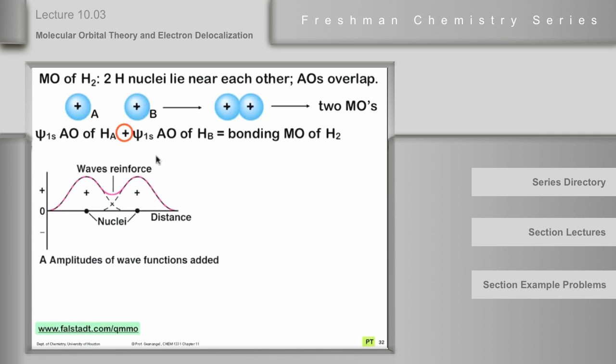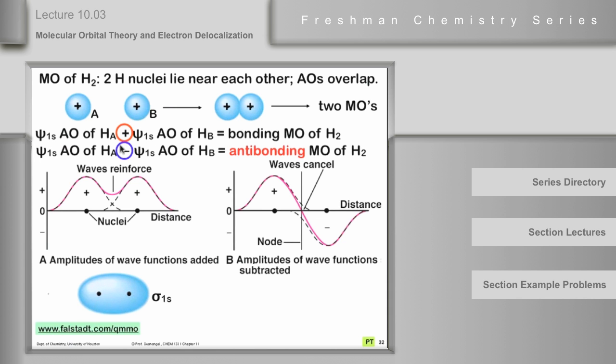Now, if you take the difference between the two, here's the shape of the bonding molecular orbital. And incidentally, it's called sigma for the same reason that we talked about sigma bonds in valence bond. It comes from head-on overlap, right? And it's called sigma 1s because it's the 1s wave functions that we combine to make it.